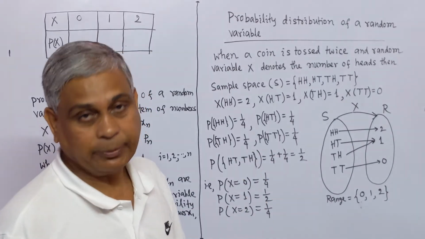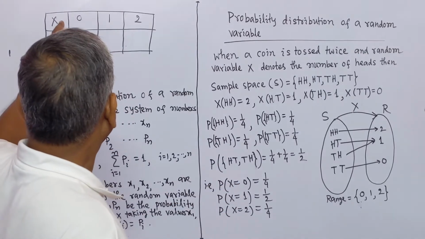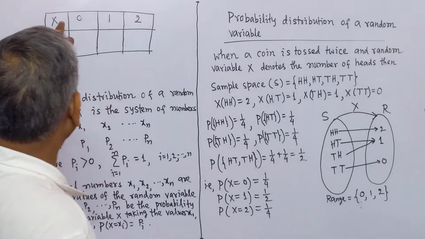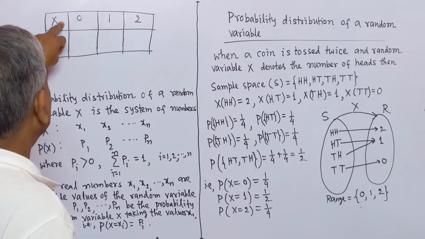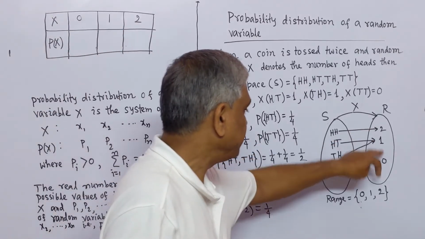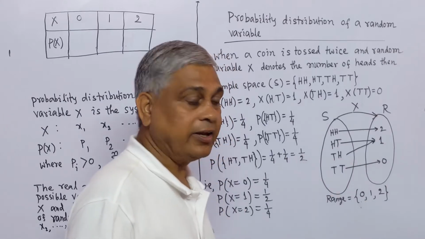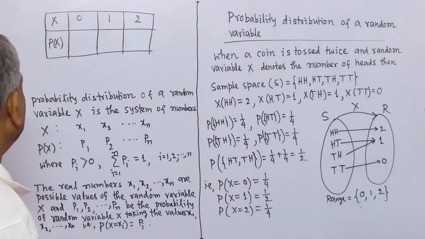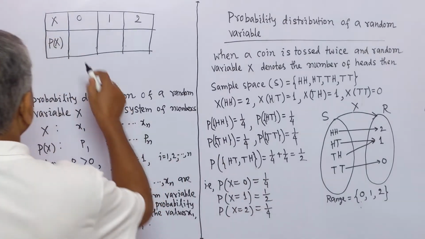Now we frame a table. The first row contains X, the random variable, whose values are 0, 1, 2 here, that means the elements of the range. When X equals 0, probability is 1 by 4.